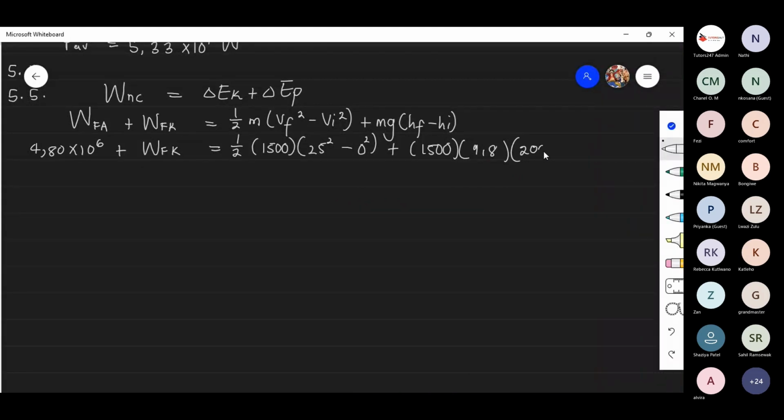So 200 minus 0. Now, what we can do is put the entire right-hand side of our equation into our calculator. So a half times 1,500 times 25 squared minus 0 squared plus 1,500 times 9.8 times 200 minus 0.